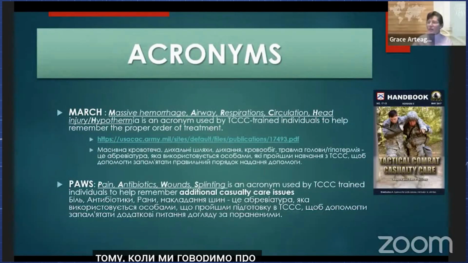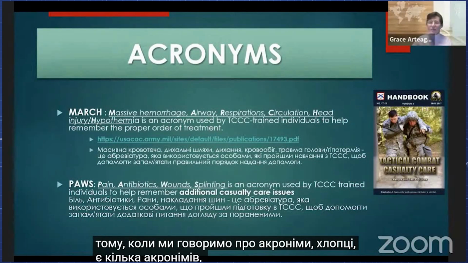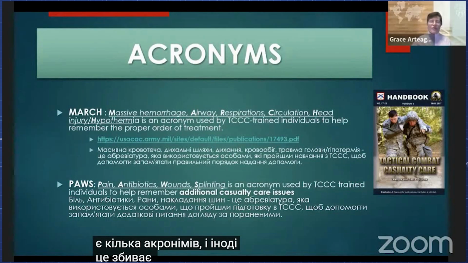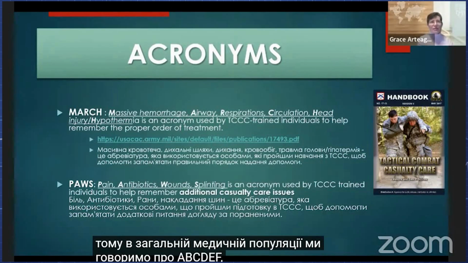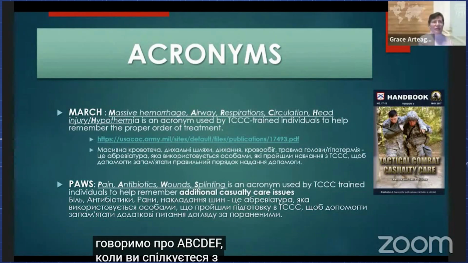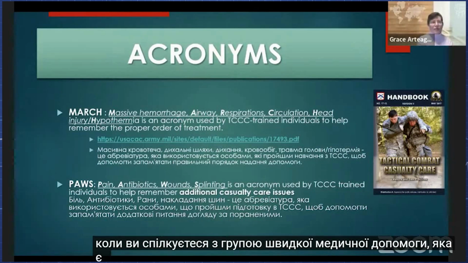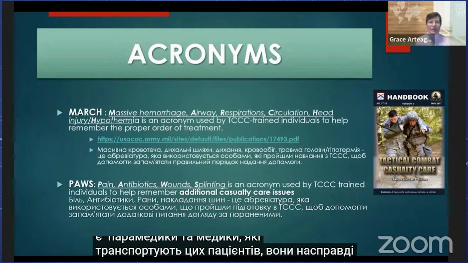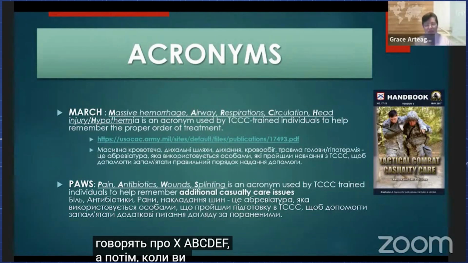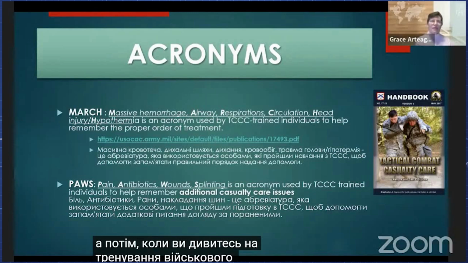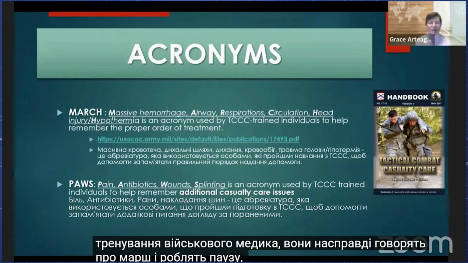So when we talk about the acronyms, there are several, and sometimes this is confusing for different people. In the general medical population, we talk about A, B, C, D, E, F. When you talk with the EMS group, the paramedics and medics who transport these patients, they actually talk about X, A, B, C, D, E, F. And when you look at military medic training, they talk about MARCH and PAUSE.